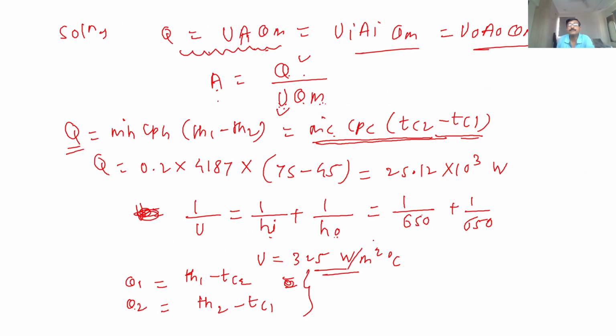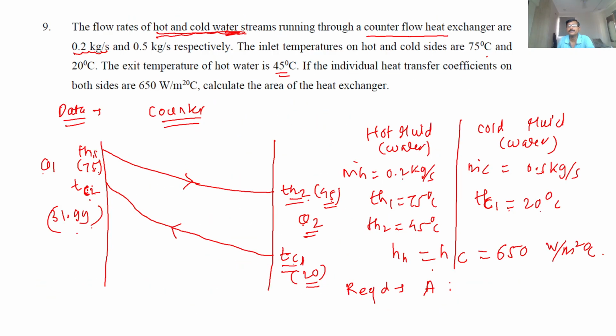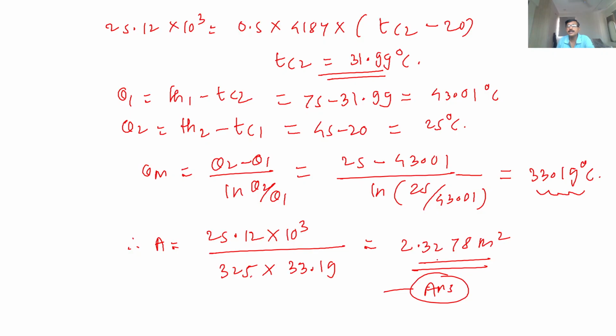You can check. What is the answer in parallel flow? 2.6542, 2.65 let's say. And here the answer is 2.32. So you see, for the same heat transfer, if I use a parallel flow heat exchanger or a counterflow heat exchanger, which one is beneficial? Naturally, the counterflow heat exchanger is beneficial. Why?